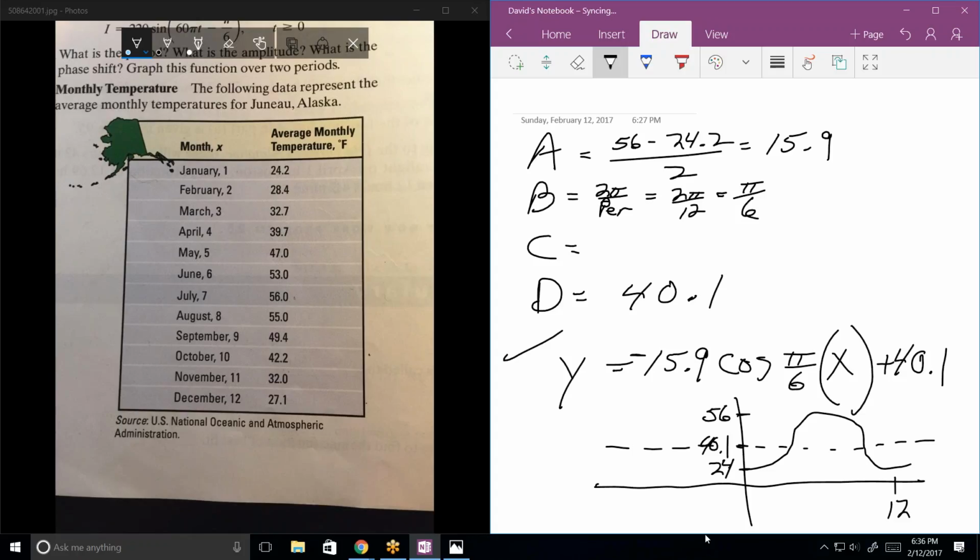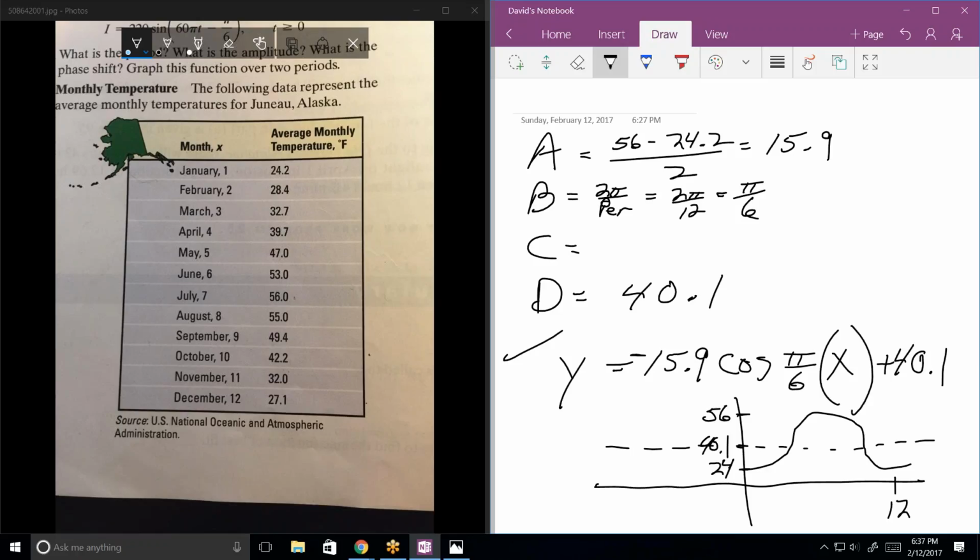Now, if you were to go to this curve, it would fit this table perfectly. It would also fit this function perfectly. In other words, if you were to put 6 in for x, the cosine of pi is minus 1, which makes it 15.9 plus 40 gives you that 56 degrees.